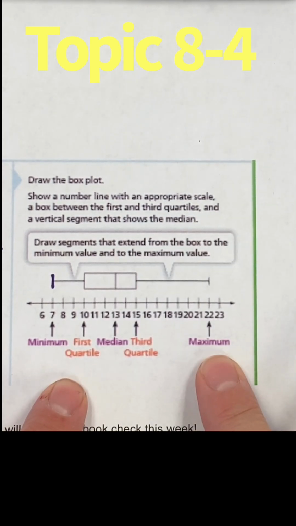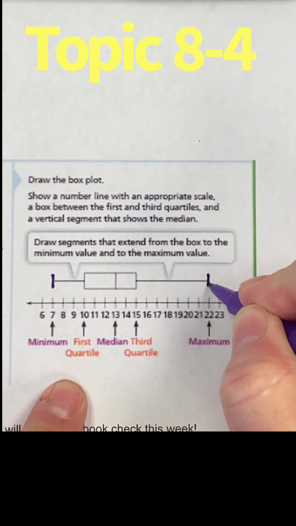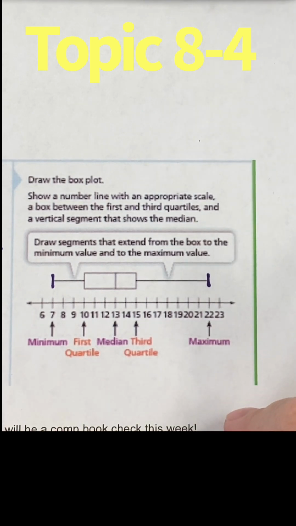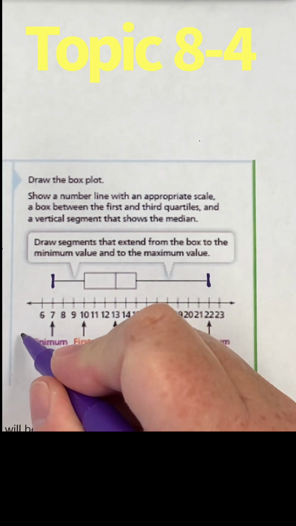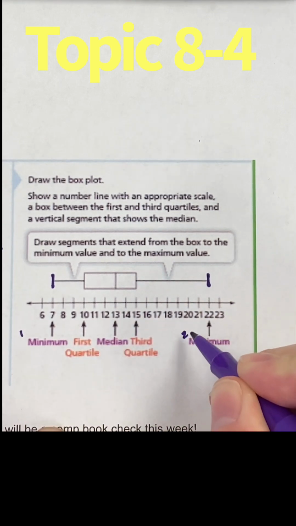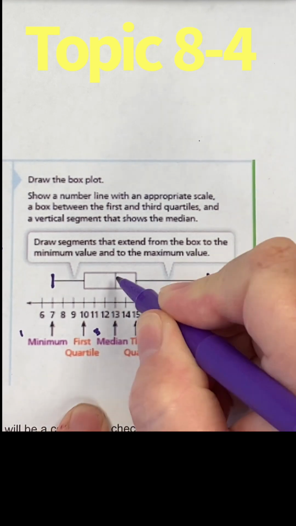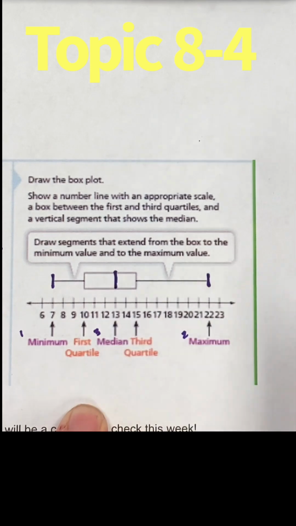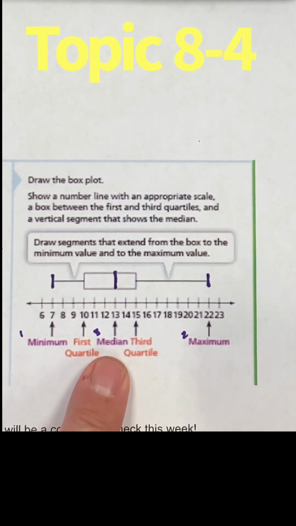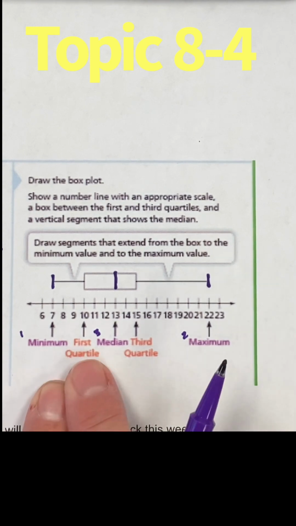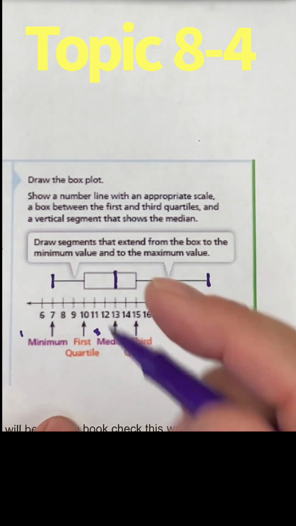I always like to go over to the maximum, put a little hash mark there. I like to start with my median. So maybe we'll number these. So 1, 2, 3. I know the median is going to be my box, so I make that hash mark a little bit more. Then I can go to my first quartile, and that was a 10.